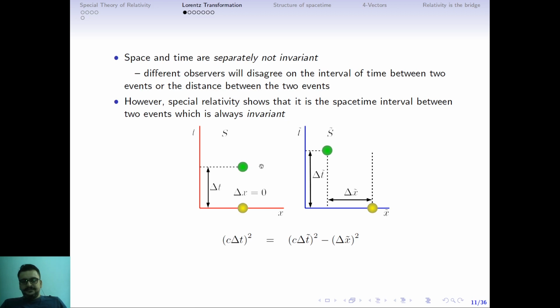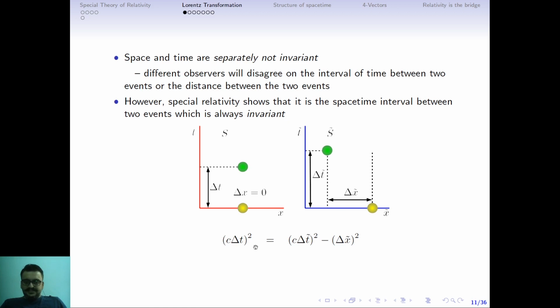So the space-time interval measured by the stationary observer will be the same as that measured by the moving observer. You can work this out by substituting delta t and delta x using the Lorentz transformation, and you can show that this is indeed the case.